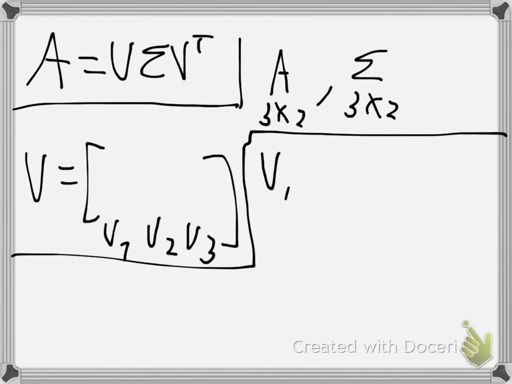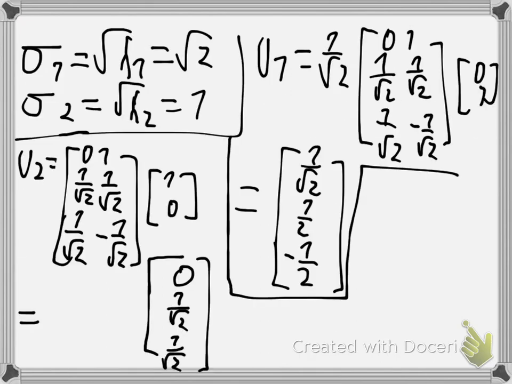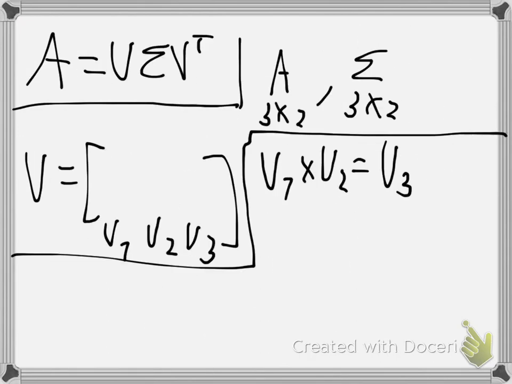So u1 cross u2 should give a vector that is orthogonal to the 2 others. So if you calculate it, you should get that u3 is equal to the following: 1 over square root of 2, minus 1 over 2, and 1 over 2.